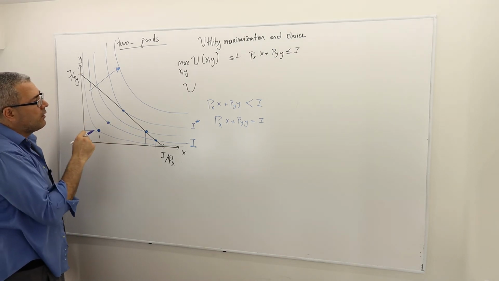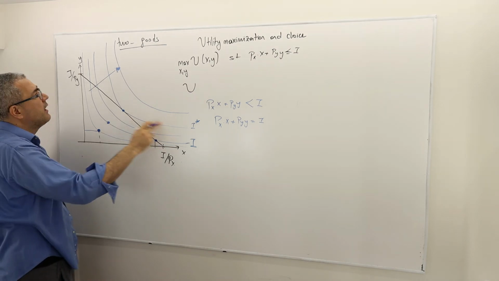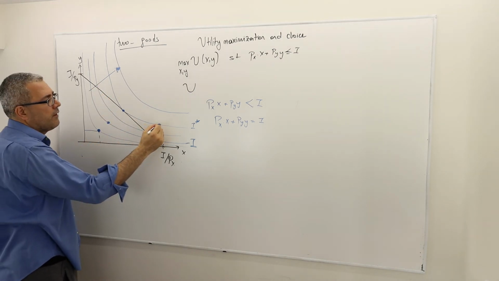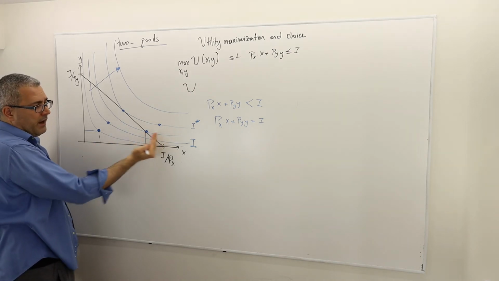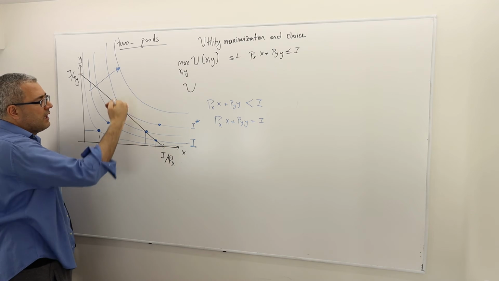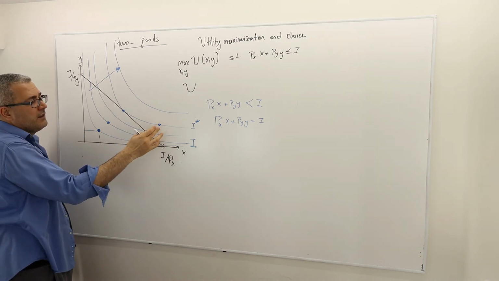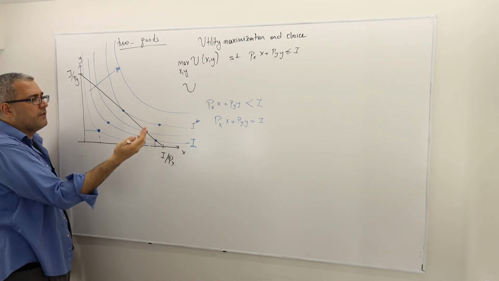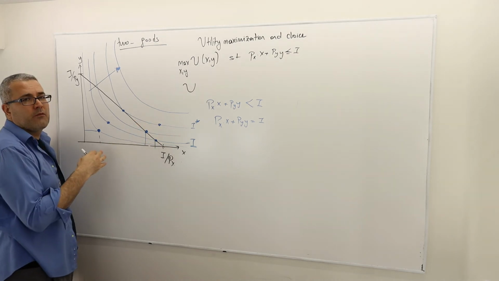And second of all, it is affordable. That point is the only affordable point on this indifference curve, right? For example, this point is also giving me a higher indifference curve by just increasing the slices, decreasing my consumption of Coke. But the thing is, this is way too expensive, all right? I can't afford it, again, because it's outside of my budget set.